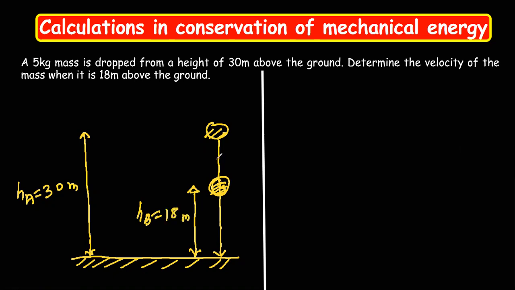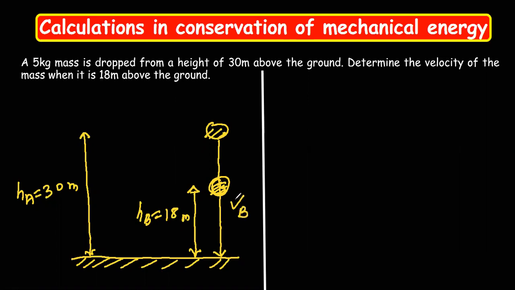And the mass of the object is 5. This is the velocity at which it bounces here. So let's call it velocity V, which we are going to calculate, VB.